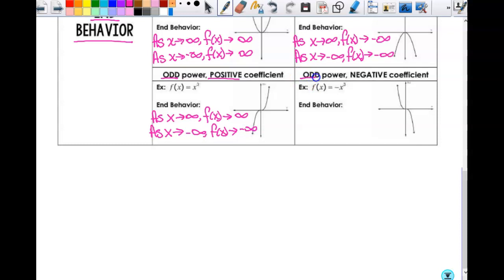So then odd power and negative coefficient just has that reflection in the x-axis. So as x approaches infinity, f of x approaches negative infinity. And as x approaches negative infinity, f of x approaches infinity.